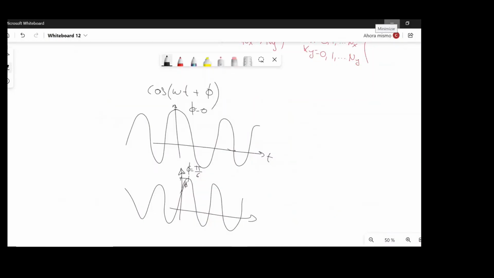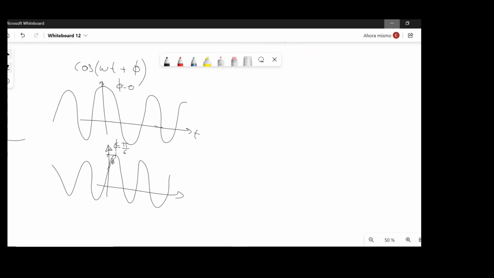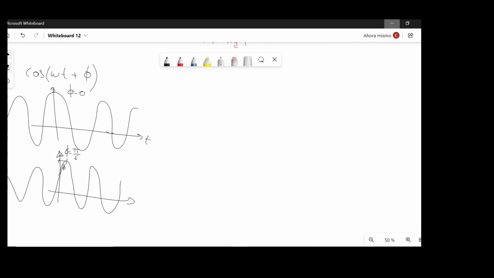So when we do the Fourier transform, you have an x, and you do the Fourier transform, and you have X of omega.